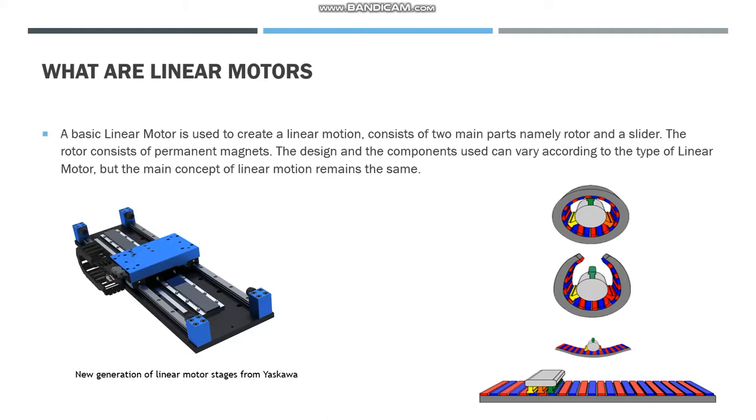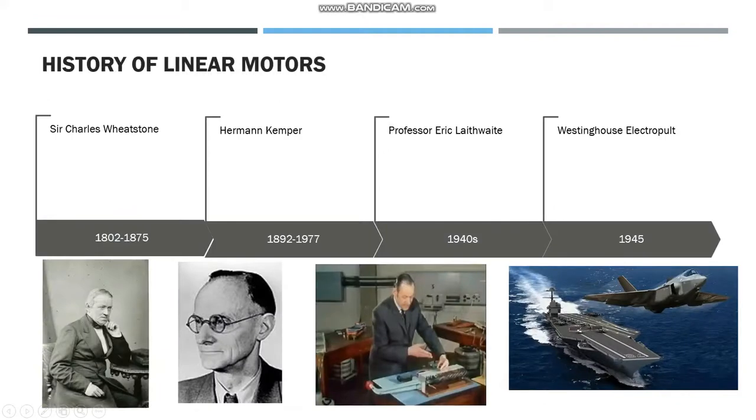The rotor is mainly made up of permanent magnets, and overall the design is very similar to a traditional electrical motor, the only difference being that the traditional motor consists of a round stator and rotor. If they are unrolled, they can be called a simple linear motor, as shown in the picture.